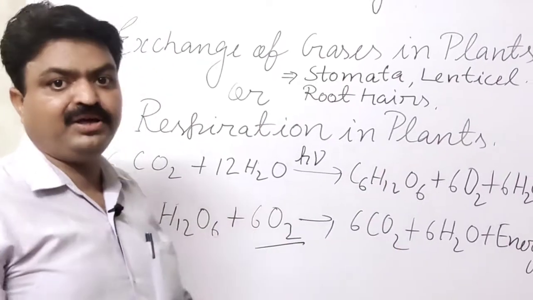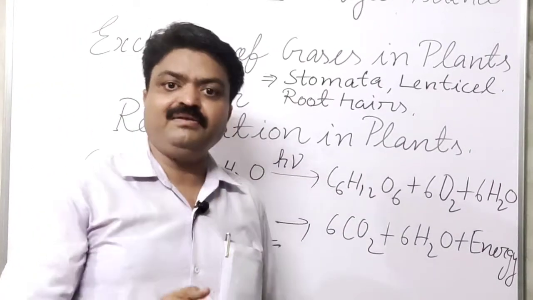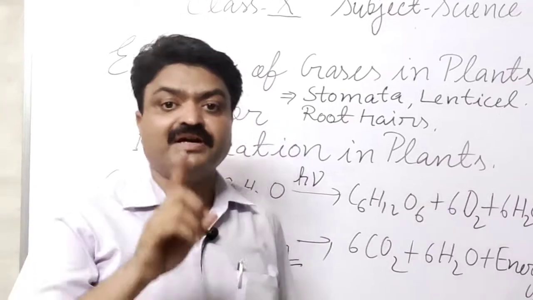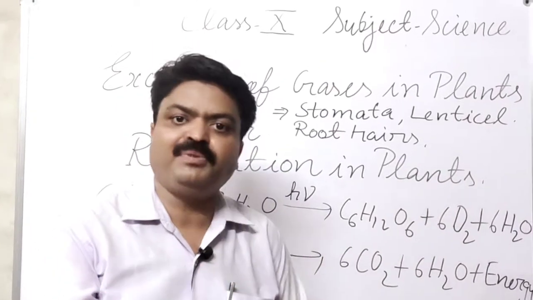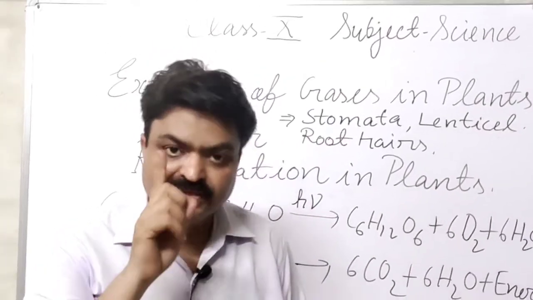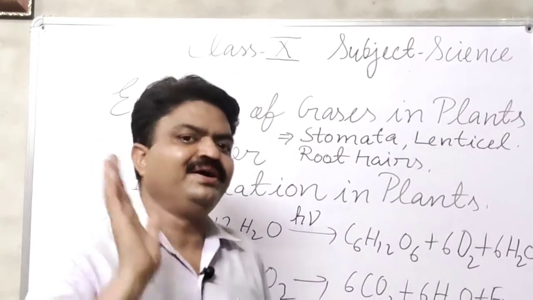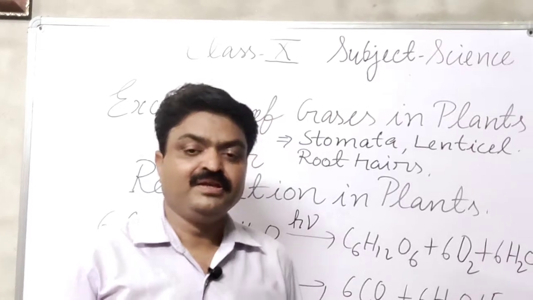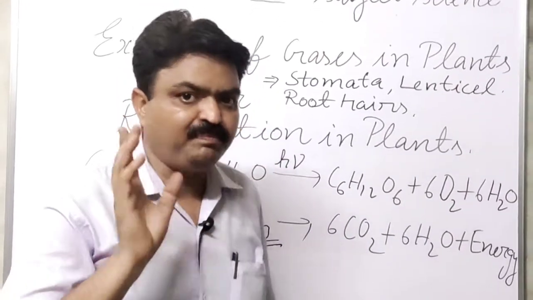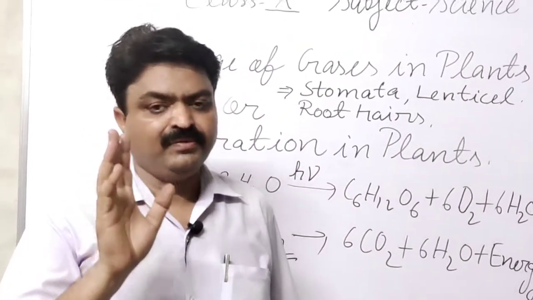When the carbon dioxide is released, its concentration increases in the parts of the plant, and then it is again removed with the help of diffusion. So in this, diffusion plays a very important role.